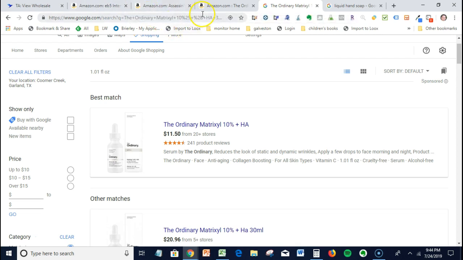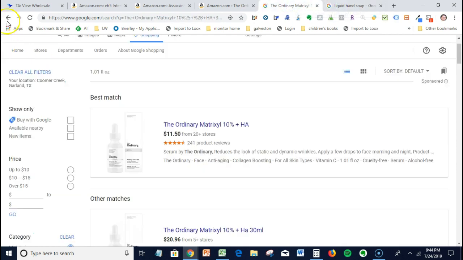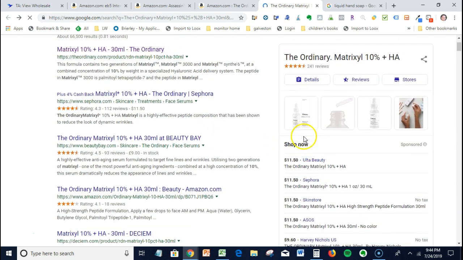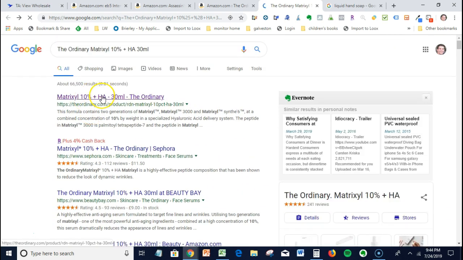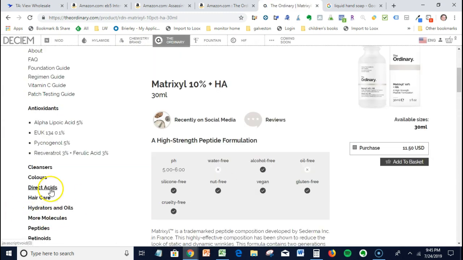So that's the lowest it's going to be. So obviously that's not going to be cheap enough, right? So here, $11.50. Hang on one sec.